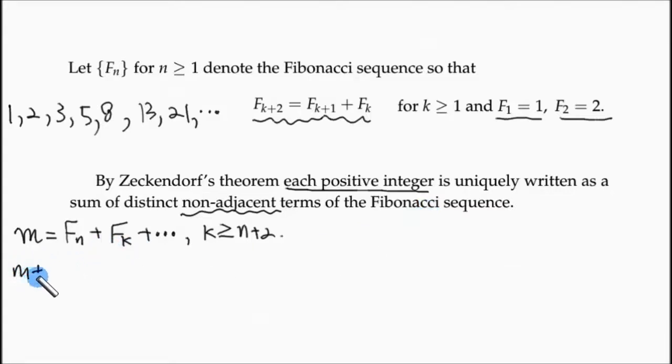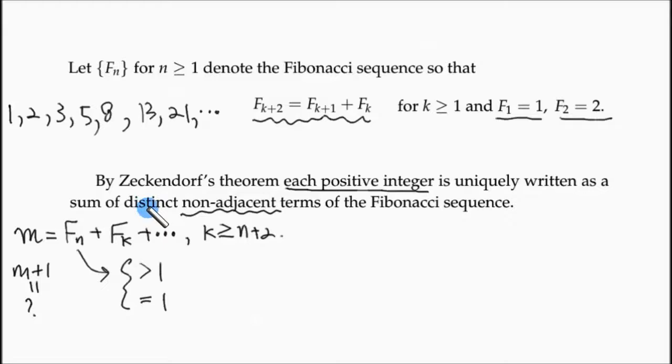So we want to know what happened to m plus 1. Can that be written in that form? It's all about what this f_n is. If f_n is greater than 1, then you can just put 1 in there. It could be adjacent to this f_n, but we can use this linear recurrence to rearrange that into Zeckendorf representation. If it is 1, there's room, f_2, in here, so that you can simply change that as you add 1 to 2.